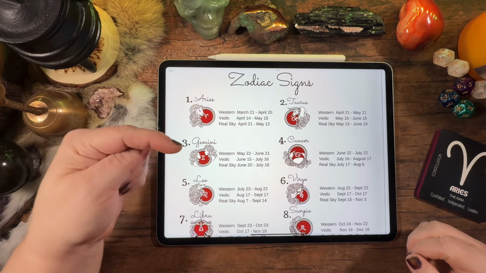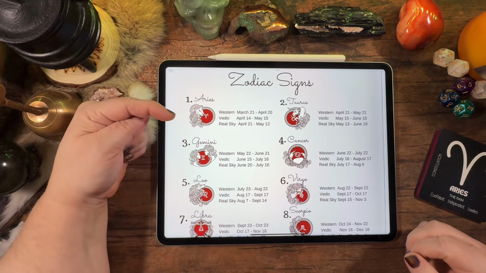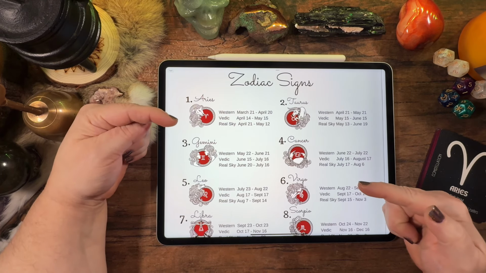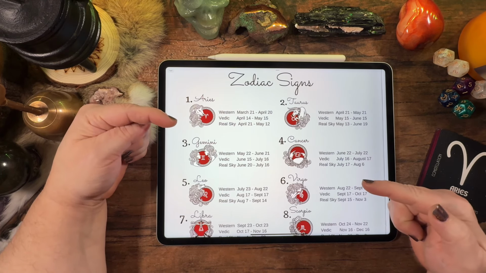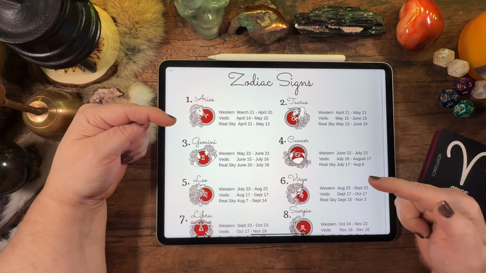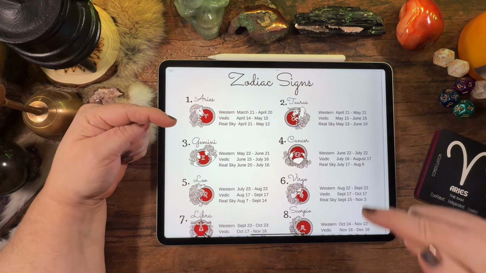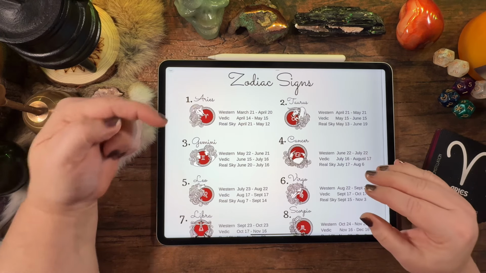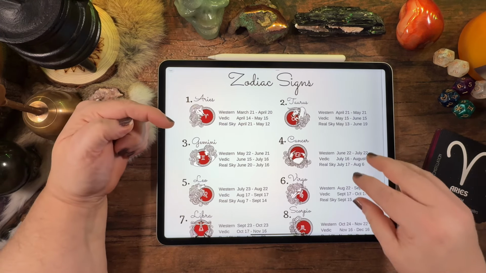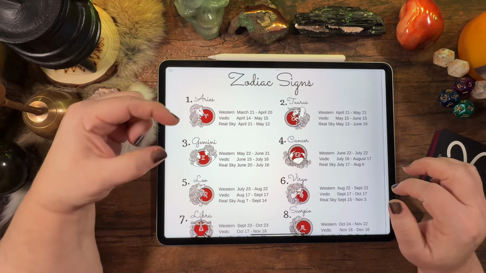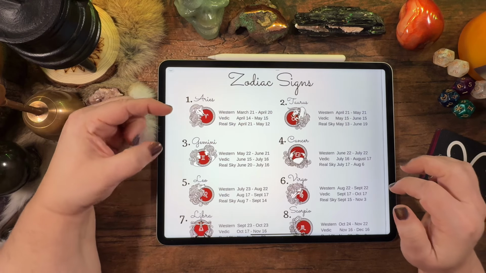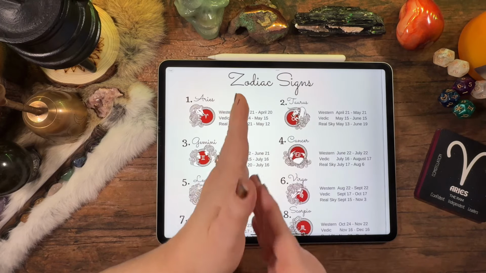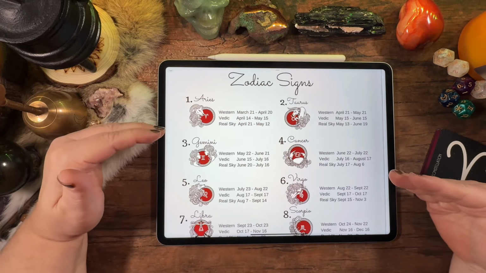So let's say, for instance, we have Capricorn here and we have Sagittarius over here, okay? So what they'll do is take the closest stars on that ecliptic line that are in Sagittarius, and then they'll take the closest stars over here that are in Capricorn, and they find the midpoint, okay, where it sits on the ecliptic.